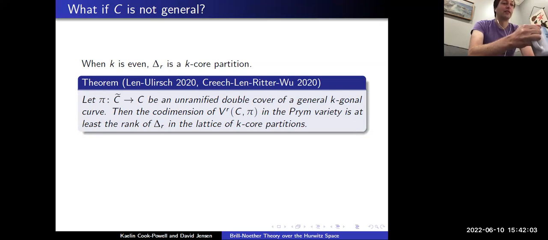In the Prym setting, you get the rank of delta R in the standard Young lattice, and in the k-gonal setting, you get the rank of some partition in the lattice of k-core partitions. And when you combine the two, you have this Prym-Hurwitz setting. You get the rank of delta R in the lattice of k-core partitions.